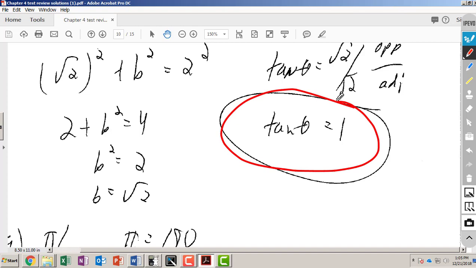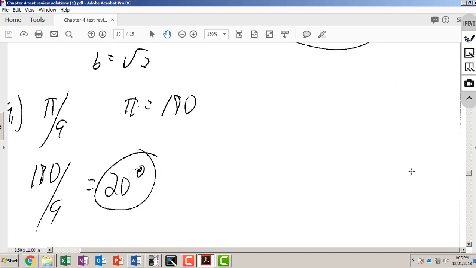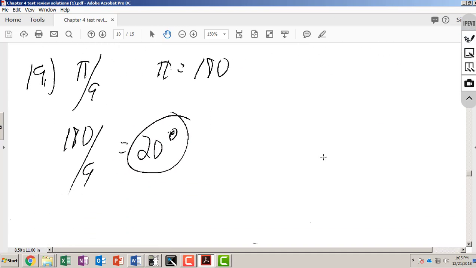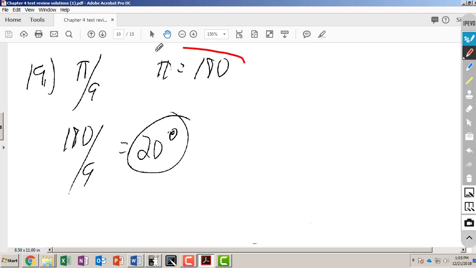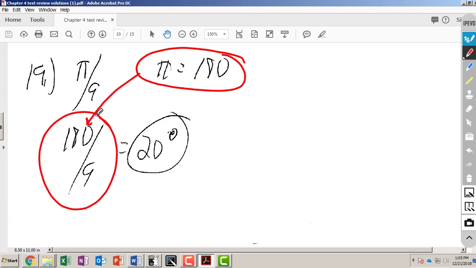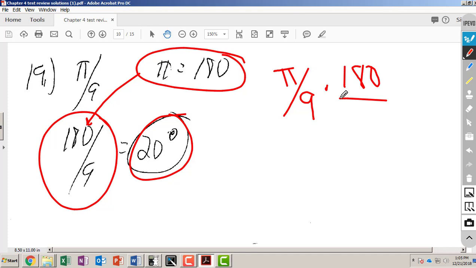Okay, number 19. It wants me to express this as a degree. So there's two ways to do this. You can use a conversion, or you can just remember that pi equals 180. So I just replace pi with 180, and I get 180 divided by 9 equals 20. Now if you want to, you can use your conversion, which says if I want to go from radians to degrees, you multiply by 180 over pi, and you'll see you get the exact same answer.